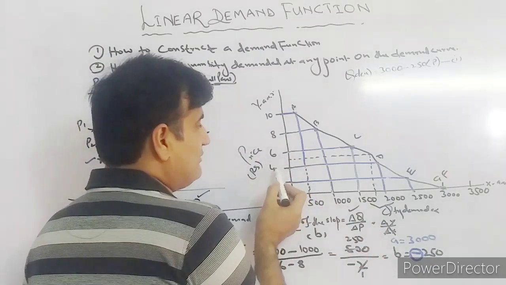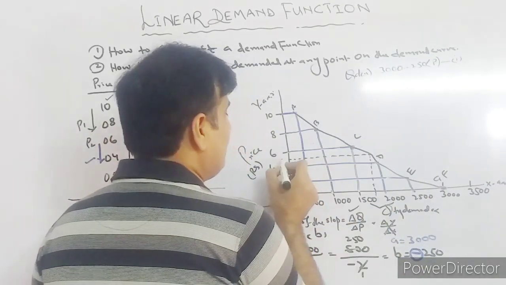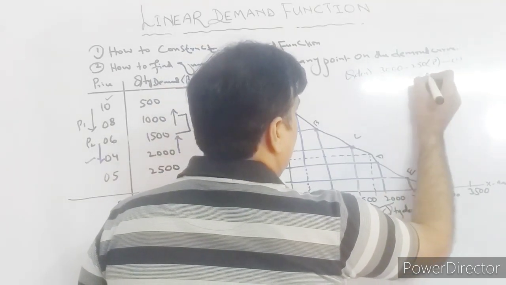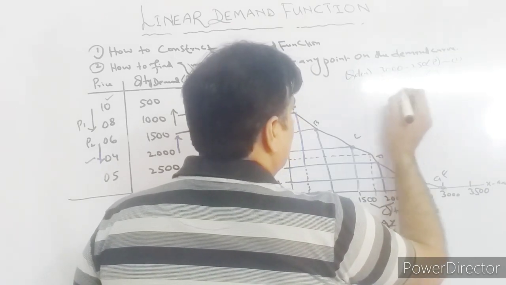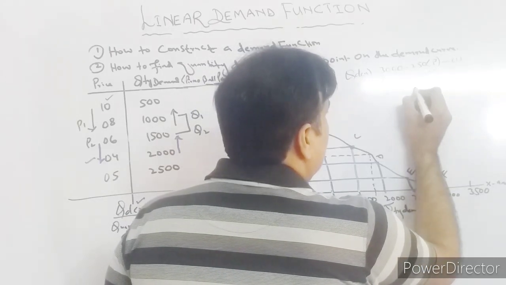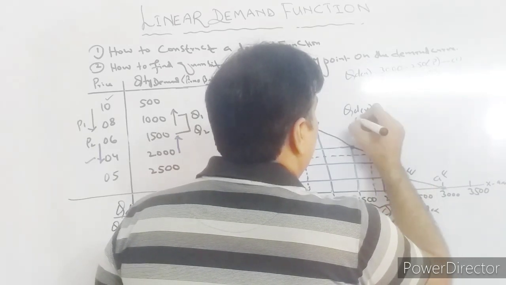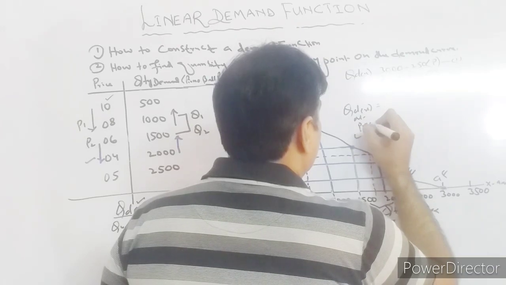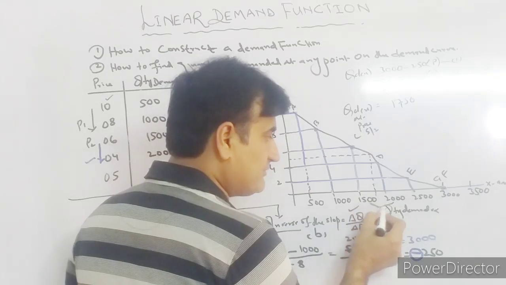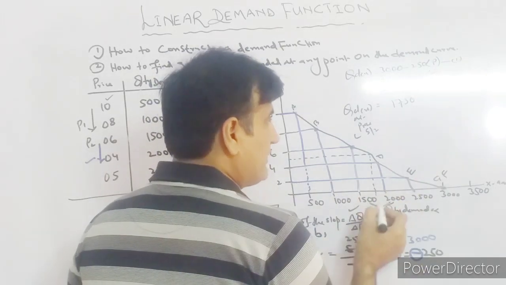There is no quantity demanded given for 5 in the schedule, so we have to find it. 3000 is our intercept minus 250 times price 5. So 3000 minus 1250, that would be the quantity demanded of X at price 5, which is 1750. That would be between 1500 and 2000.